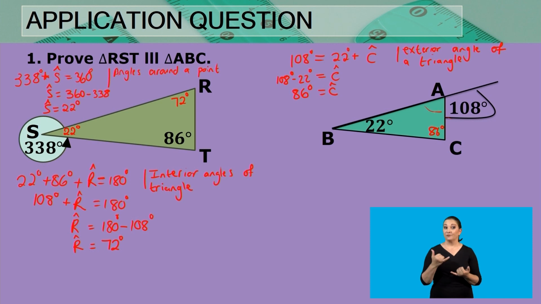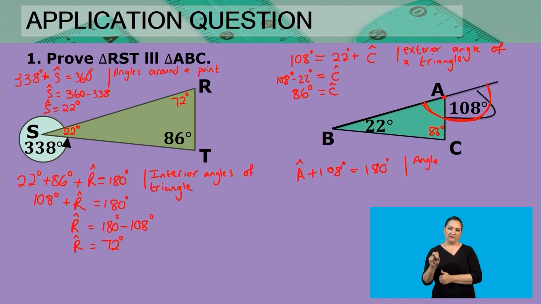So what is the value of angle A there? We can see that the interior angle at A shares a common vertex with the exterior angle, which is 108 degrees. And as they share a common vertex and they are on a straight line, the sum of both of these angles is 180 degrees. So that interior angle A plus this 108 degrees is equal to 180 degrees. And why are we saying that?